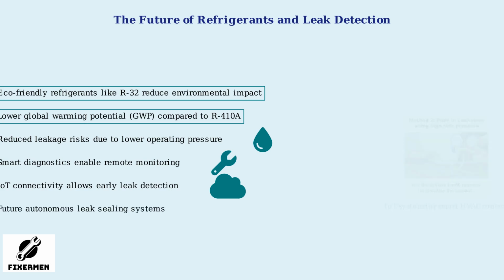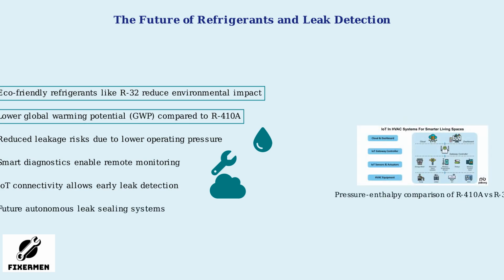Looking ahead, future technologies may include autonomous systems that can automatically seal small leaks, preventing refrigerant loss entirely and extending equipment lifespan. Carrier plans to complete the transition away from R410A by 2027, adopting R32 as the standard refrigerant in their mini-split systems. This change supports global environmental goals while improving overall system performance.